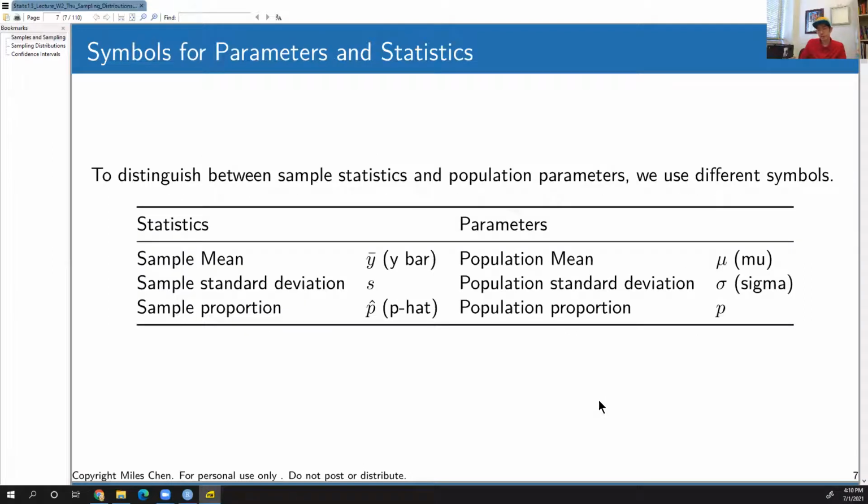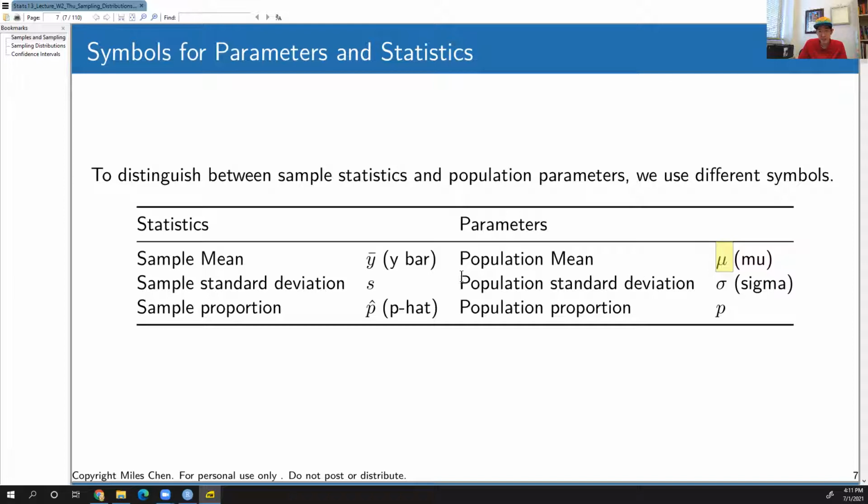As you're writing things out, we use different symbols to distinguish between sample values and population values. The sample mean will be y bar or x bar, whereas the population mean is mu. This is the Greek letter.